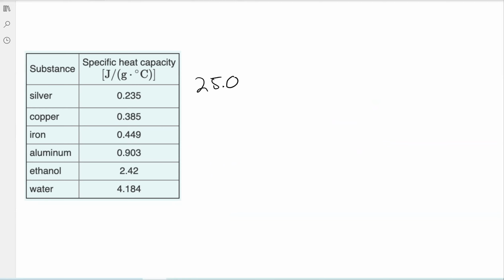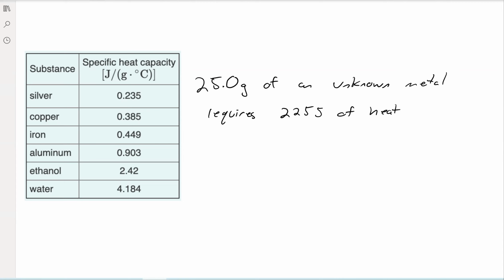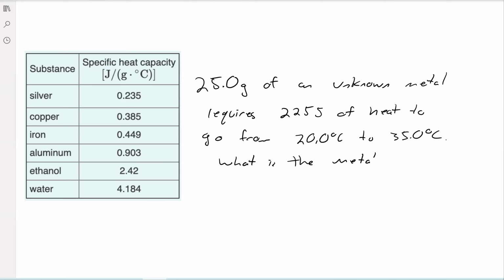So our problem says 25 grams of an unknown metal requires 225 joules of heat to go from 20.0 degrees Celsius to 35.0 degrees Celsius. What is the metal?